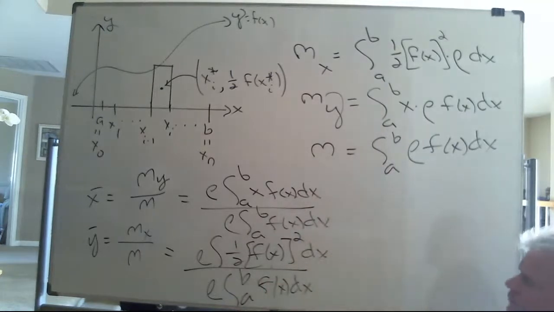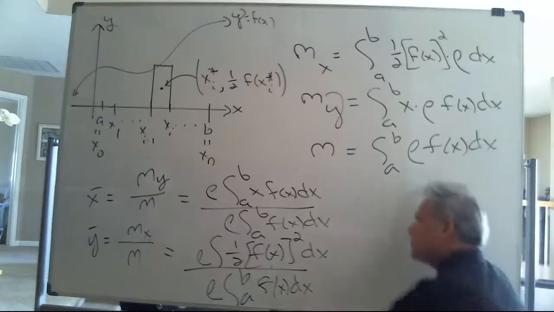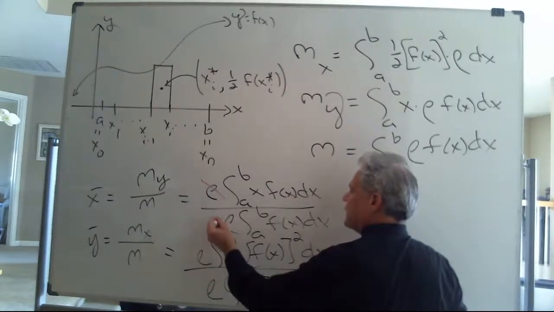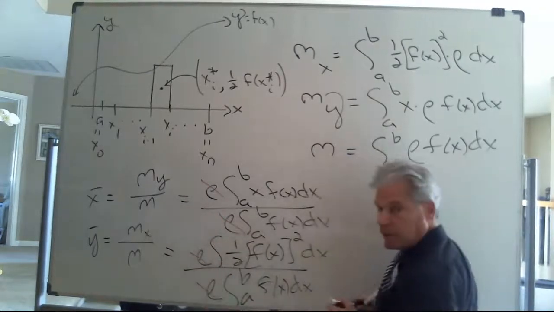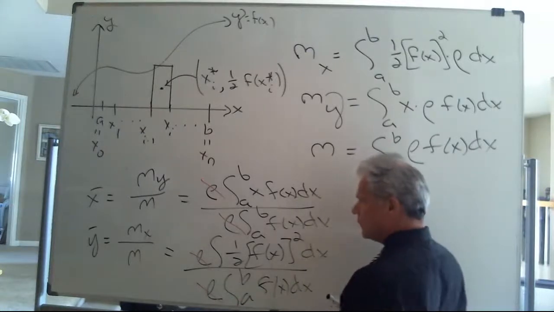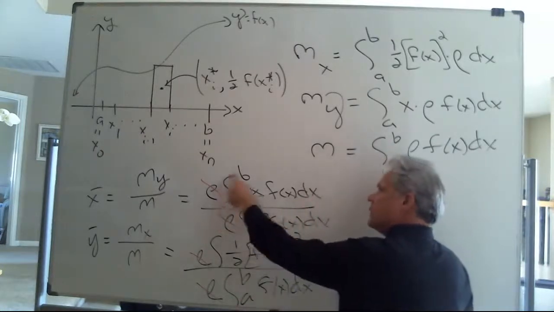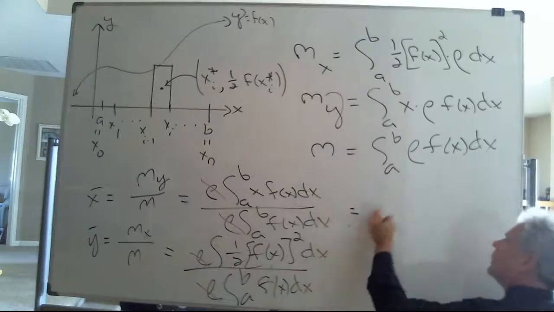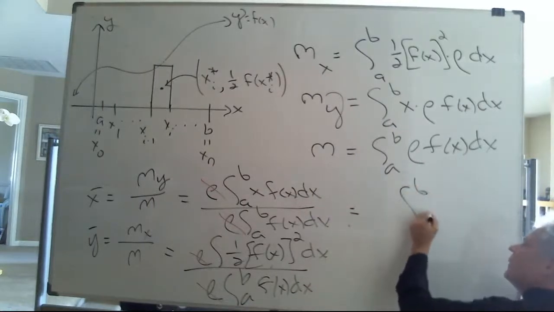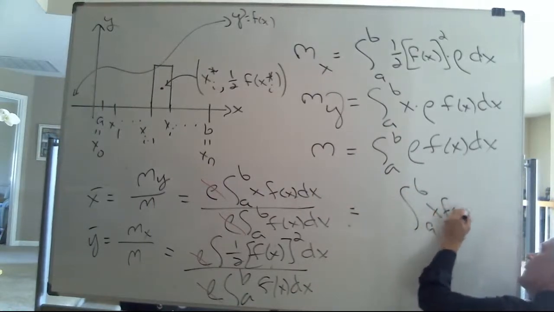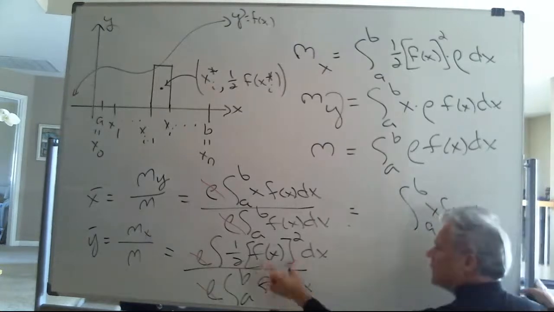But everybody, two things. Number one, notice how these constants rho cancel each other out upstairs and downstairs. Number two, take a peek at this definite integral right here. And this integral right here.